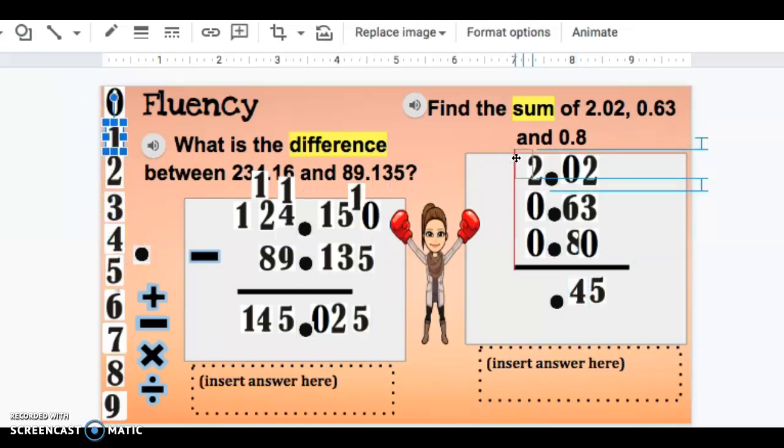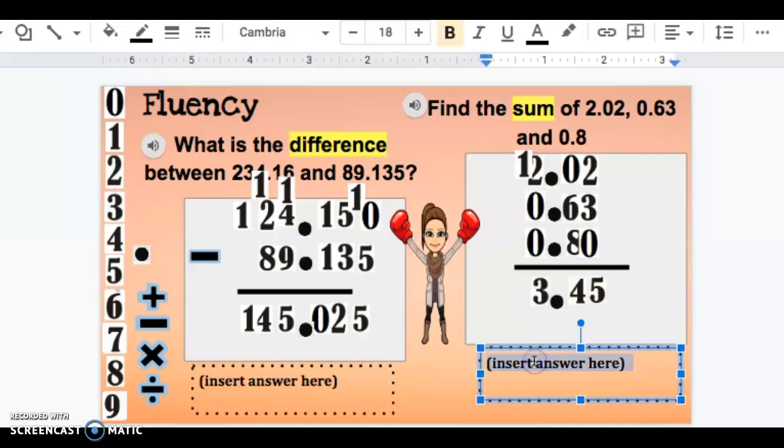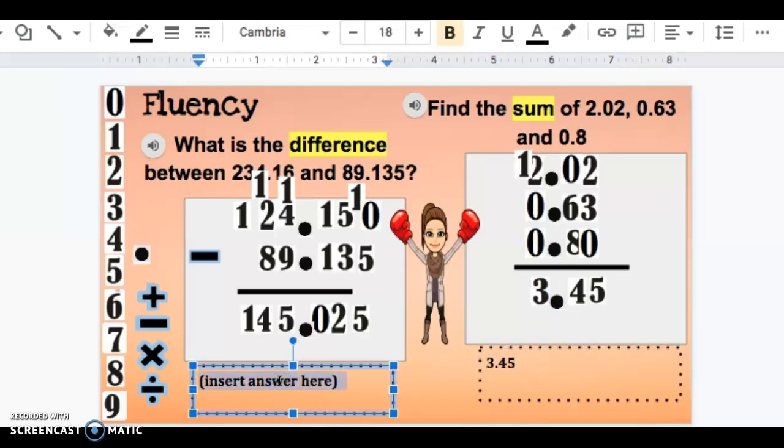And now I have 2 plus 1 plus 0 plus 0, which gives me 3. Okay. And you have 3 and 45 hundredths. So we can put our answers now in our box. Oops, 3 and 45, not 3 and 5. All right, so that's fluency for Monday.